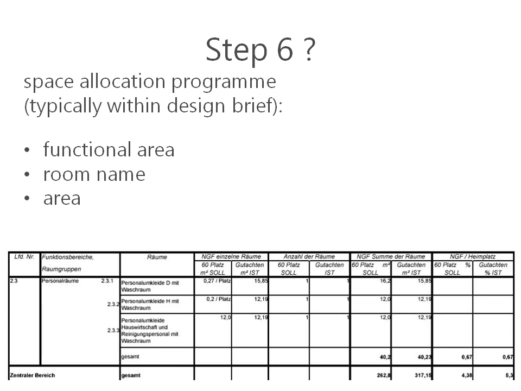Then you can really write a space allocation program. I need 3 times that type of zone or that type of function, and each time I need it, please give it so and so many square meters. This is the usual thing that enters a competition, which you get as a requirement.